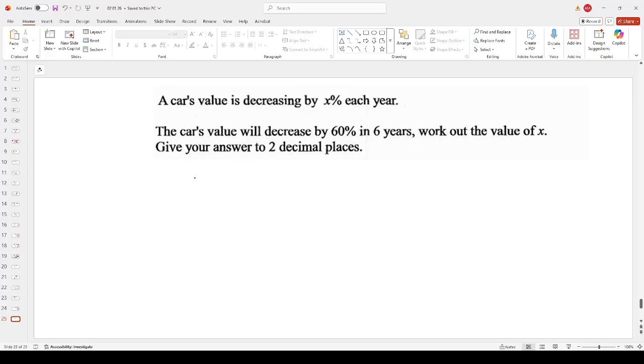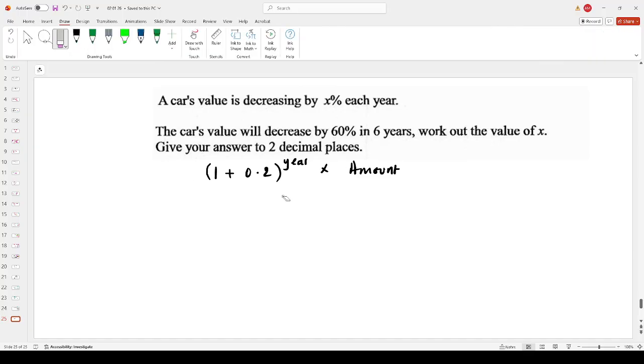We usually do 1 plus the percentage, right? If it's a percentage increase. So let's say, I don't know, for example 0.2. And then we take it to the power of years. And then we times by the amount. Right? These are just example values, by the way. So let me just write that percentage increase.